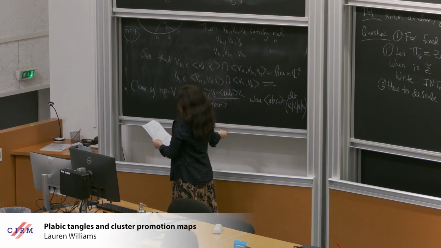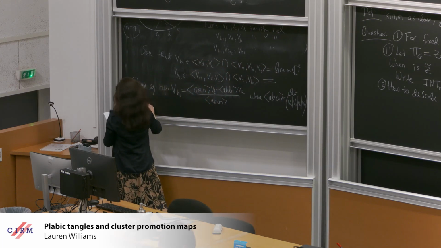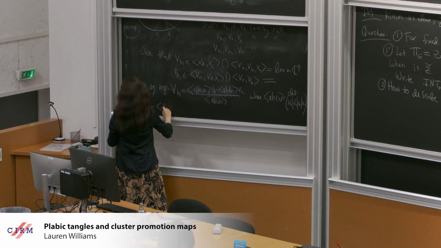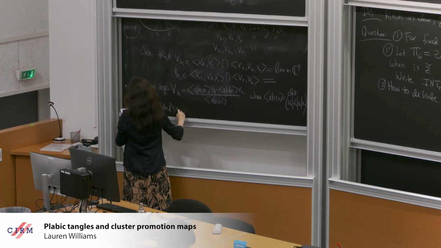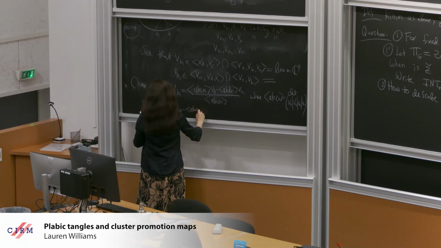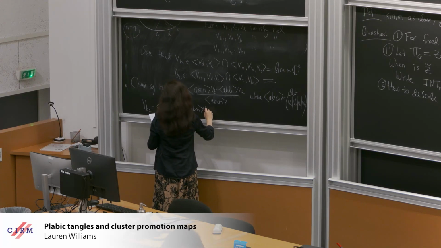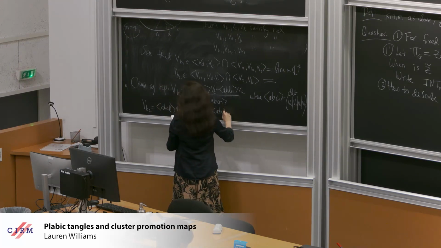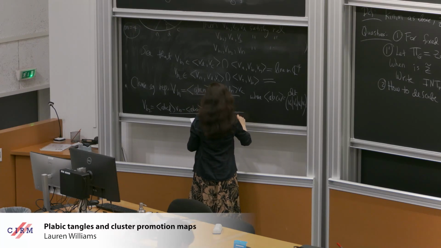Okay. And similarly, we can choose a representative VB2, which is ABCD Vn minus ABCN Vd plus ABDN Vc over ABCD.